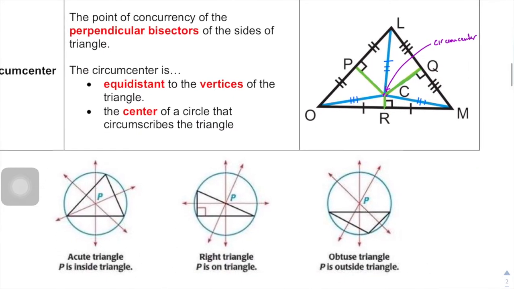It's also the center of a circle that circumscribes the triangle, meaning that circle just touches the corners. And you can see the circumcenter, which is P in each one of these pictures, can be inside the triangle, on the triangle, even outside of the triangle. So don't get thrown off. Points of concurrency aren't always inside the triangle.